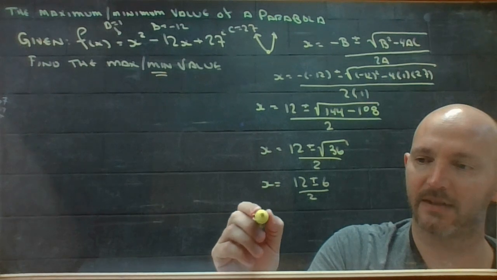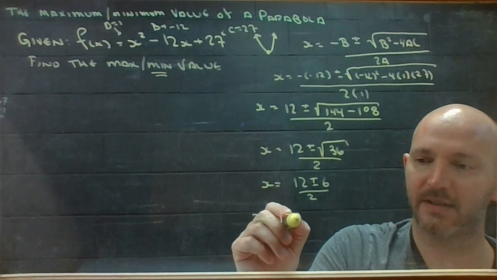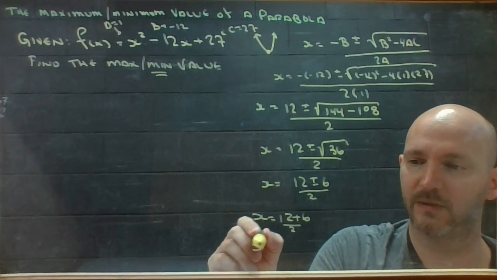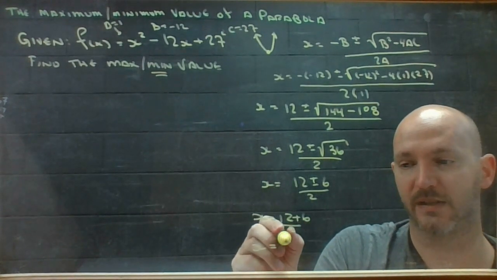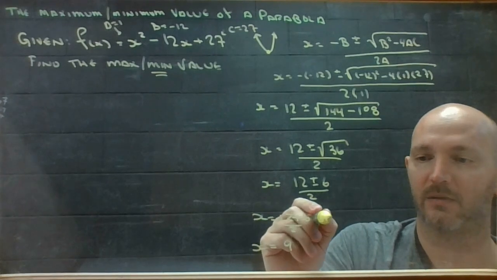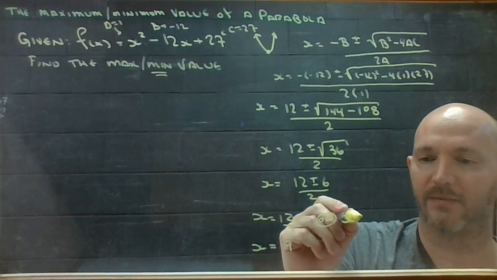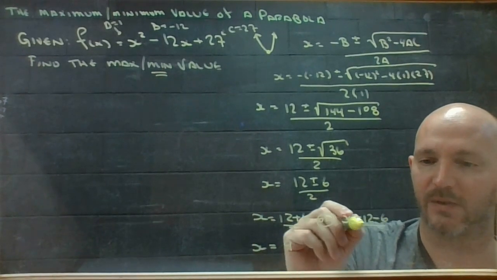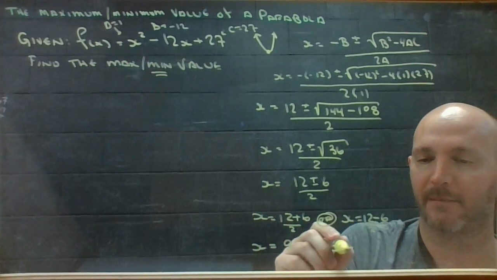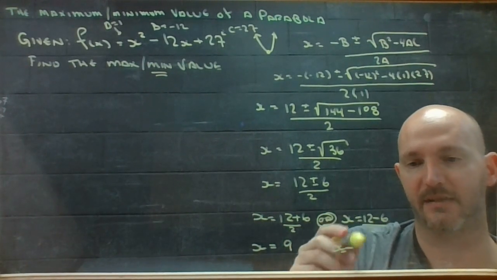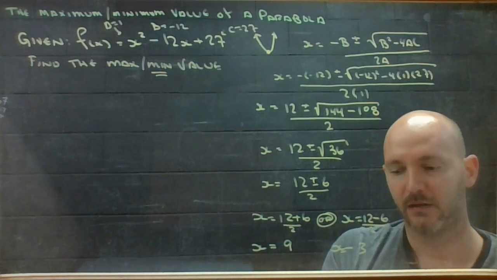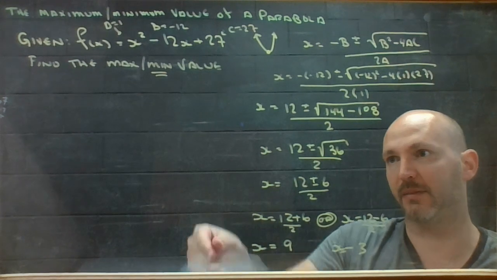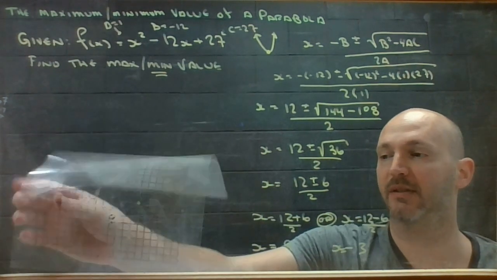So I have two cases. X is 12 plus 6 over 2, which is 18 divided by 2, which is 9, or I have 12 subtract 6 over 2, and 12 minus 6 is 6, divided by 2 gives me 3. So I'm going to put a grid up here and plot those 2 points.